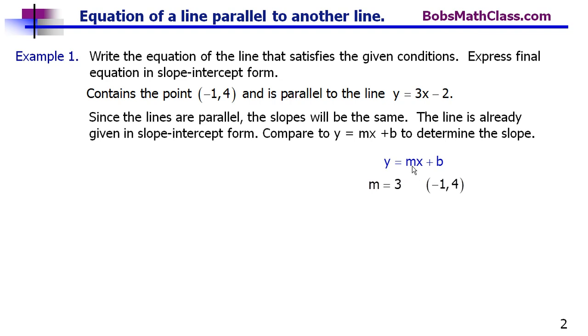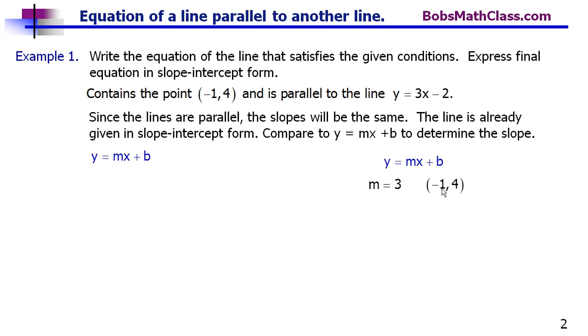So we've compared it to y equals mx plus b. The number in front of x is the slope. M is 3. And we have a point, -1, 4. So we have the slope. We also need b. So that's what we're going to do next. We're going to use y equals mx plus b.